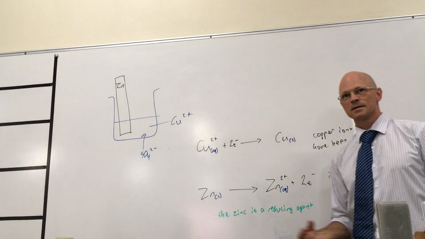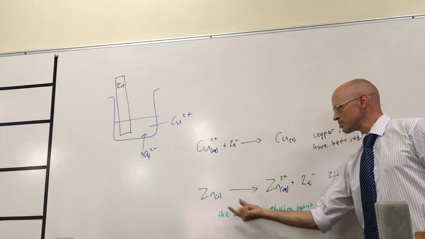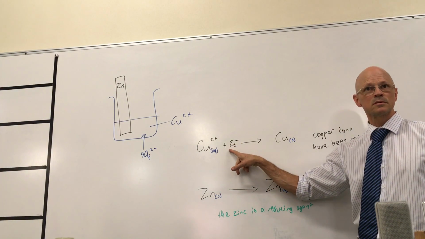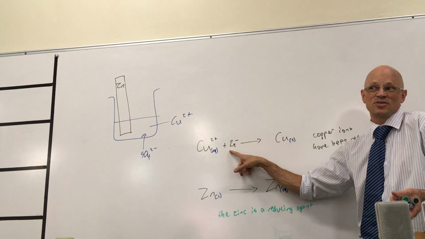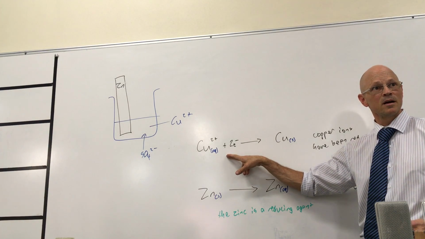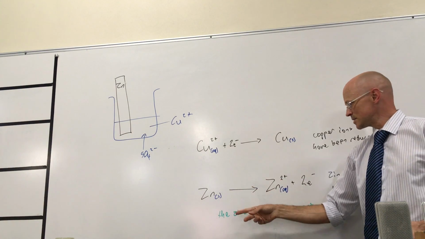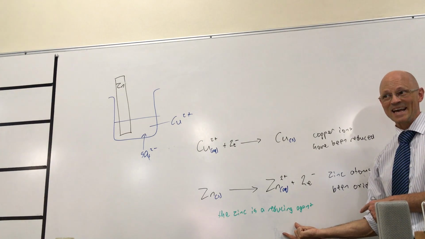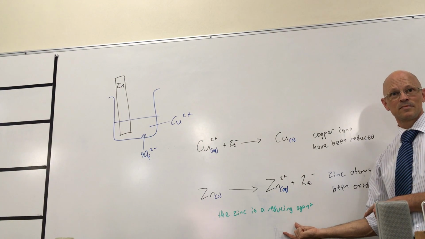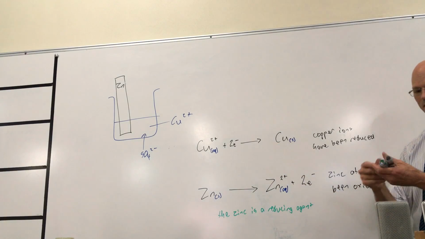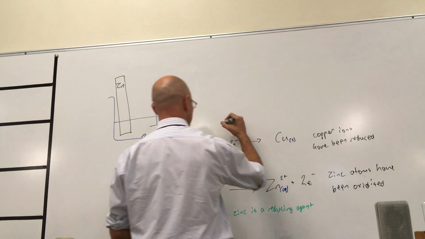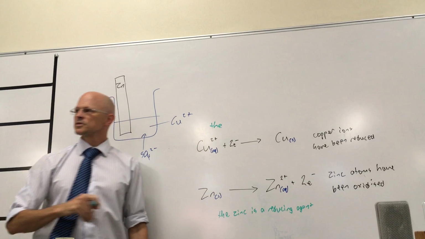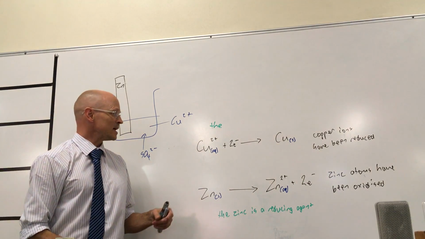Does that make sense? It's a reducing agent because it has reduced, in other words, it's provided electrons to the copper. So the zinc itself is oxidised, which means it's a reducing agent. So what can I say about the copper? I need to be really careful about what I say here.